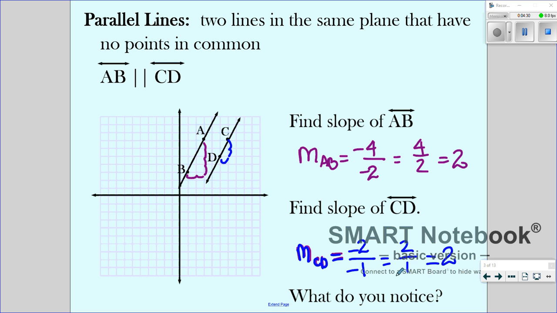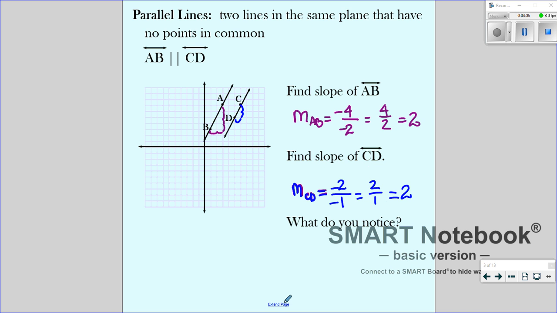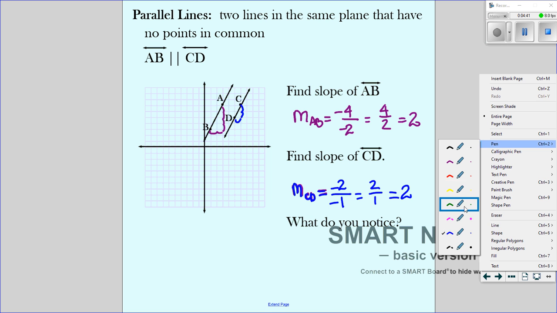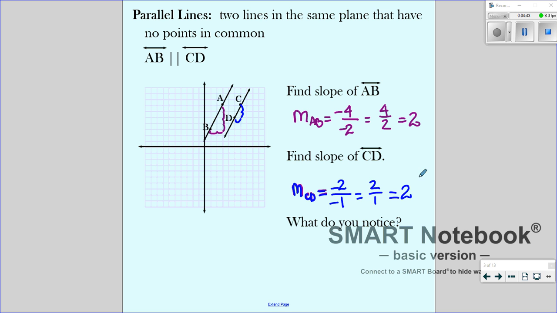Now, it says, what do you notice about the two slopes? If you said that they have the same slope of 2, then you are correct.